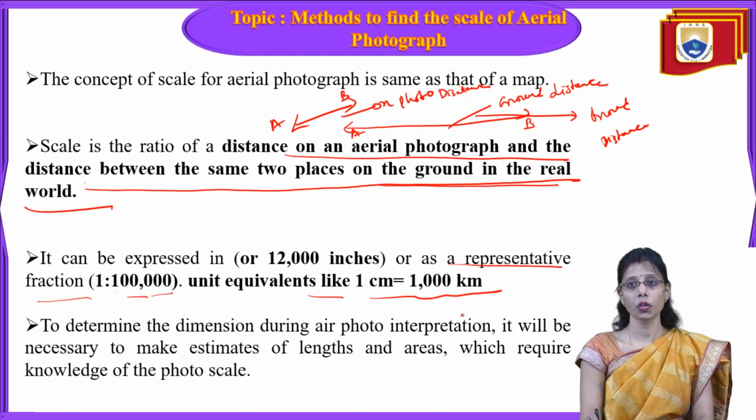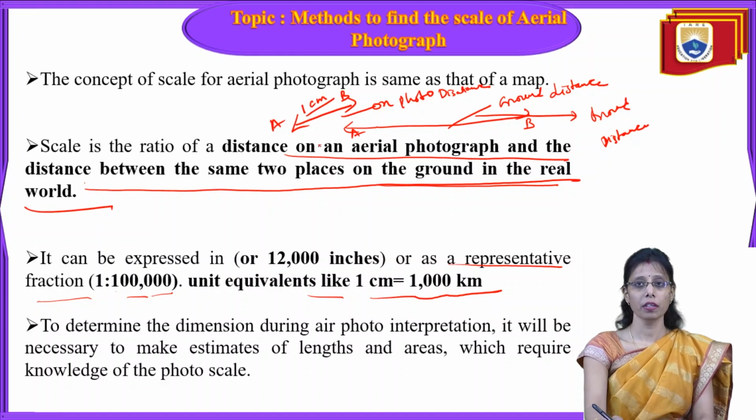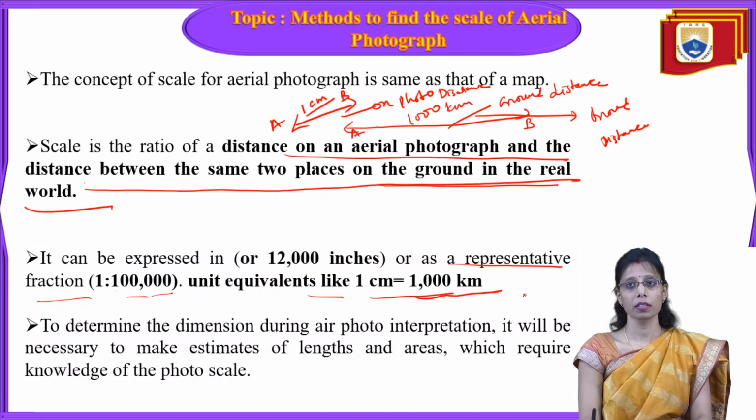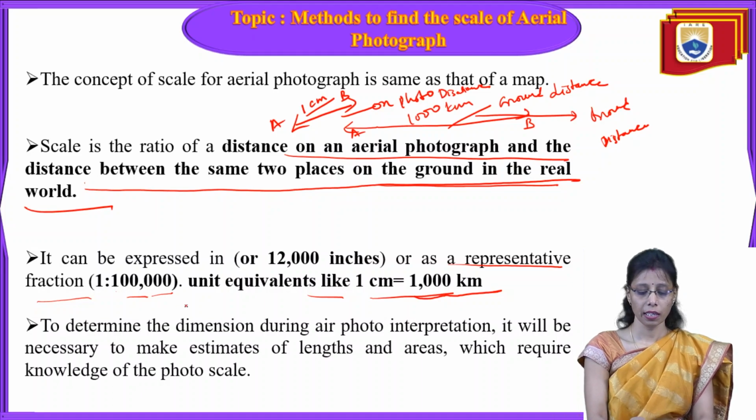This means that this A and B on the photo is 1 centimeter, and it represents 1000 kilometers on the ground. If we measure 1 centimeter on the photo, it is equal to 1000 kilometers on the ground. If you measure 2 centimeters on the photo, that is equal to 2000 kilometers on the ground. So scale is expressed like this.